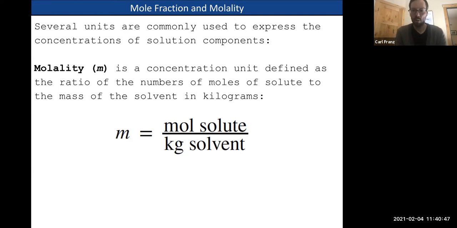So different from molarity, which is moles of solute over liters of the solution, because the solution volume can change, we just say moles of solute over a certain amount, in this case, kilograms of the solvent.